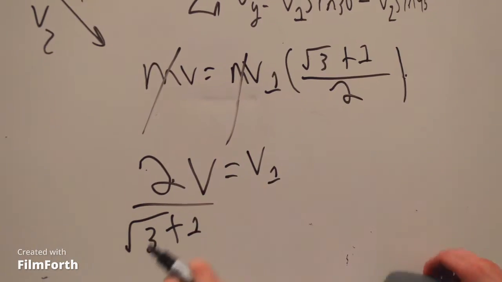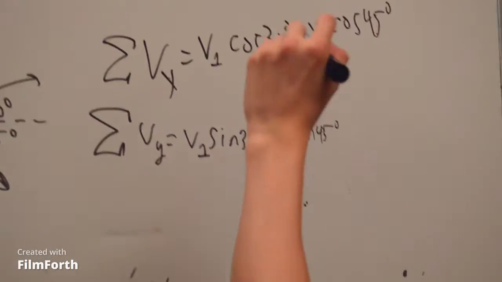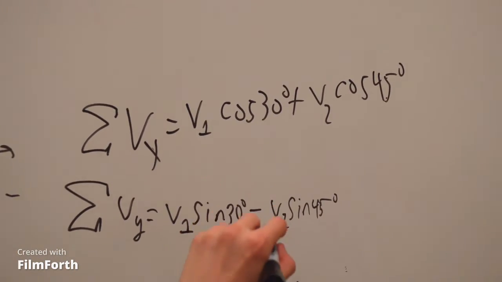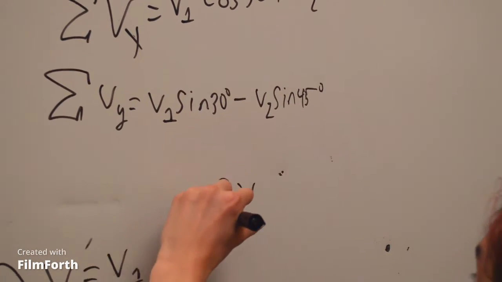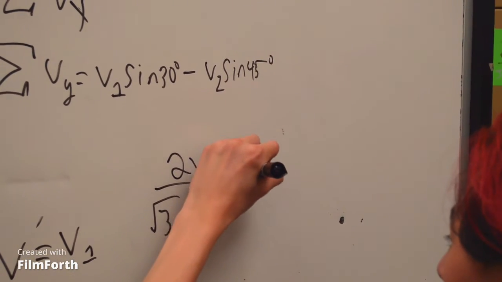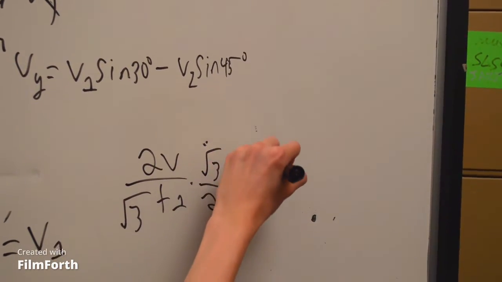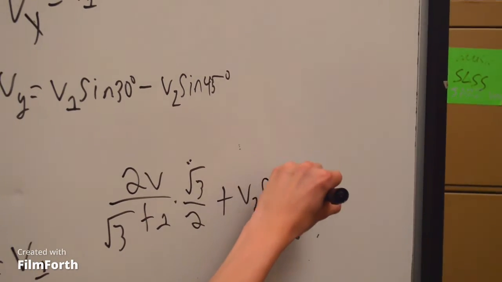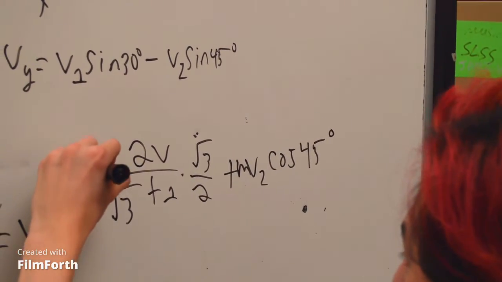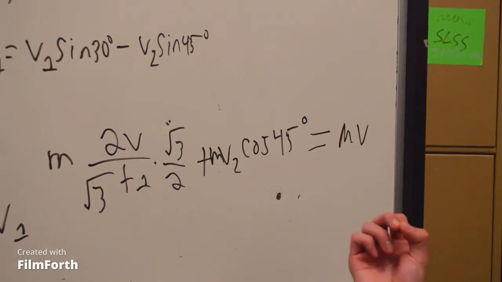Now, we use basic algebra. Let's plug this back into either equation to figure out what the second velocity is. So we get that 2v divided by root 3 plus 1 times cosine 30, which is just root 3 over 2, plus v2 cos 45, equals the sum of the momentums.